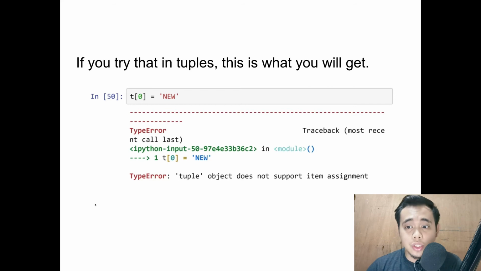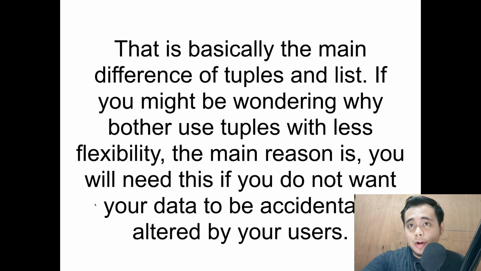Now, there's a big question that will appear. Why do you need to use tuples in the first place when they are less flexible? There are fewer methods that you can use and you cannot change the value of the tuple. Since that is the main difference between tuples and lists, when are you going to use tuples?